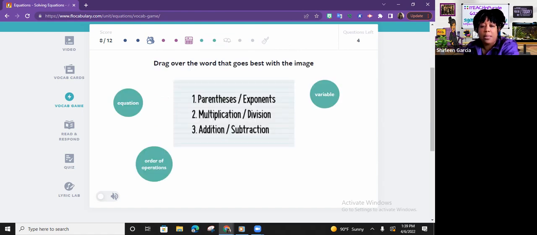All right, look at this. Parentheses, exponents are first. Multiplication or division is second. Third is addition or subtraction. That's the what? Equation, variable, or order of operations.